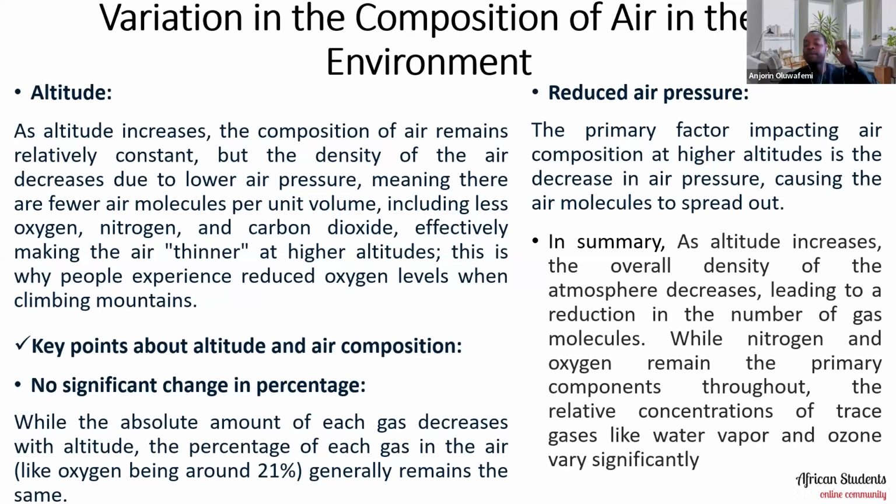So far we have established two main factors that we can allude to for the variation in the composition of air. Don't forget that one is temperature, and we gave reasons why temperature can influence variation in the composition of air in the environment. And the second factor is altitude, which I just explained.